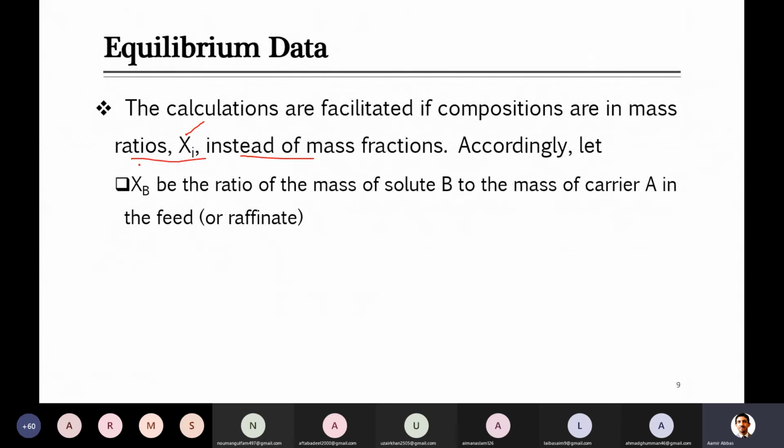So in that case, we can put it here somewhere in the form of a superscript, just to differentiate from the feed.